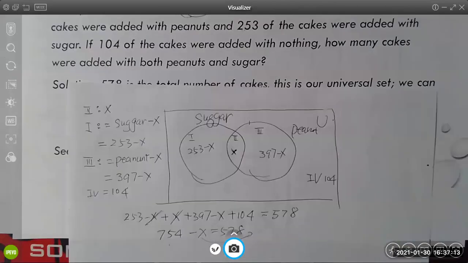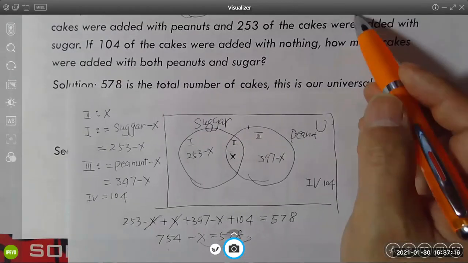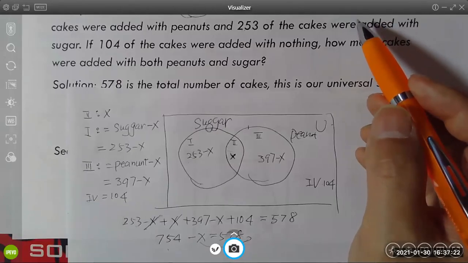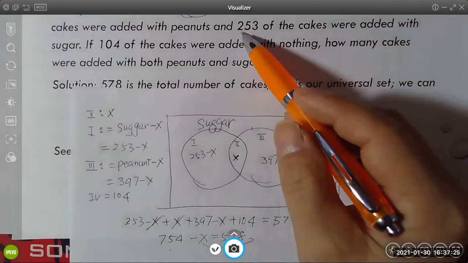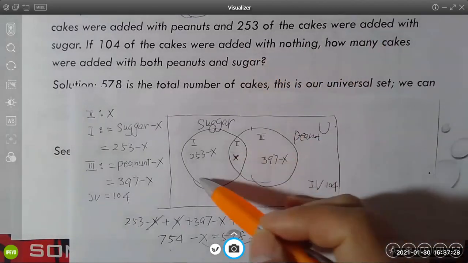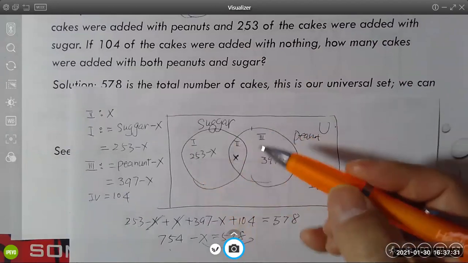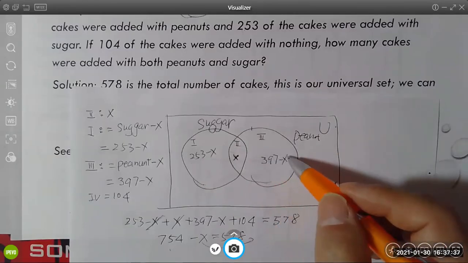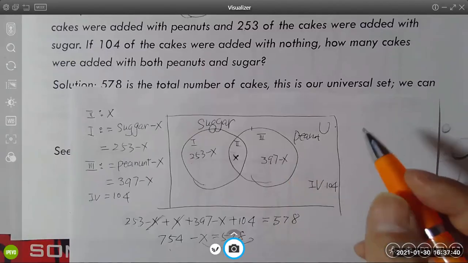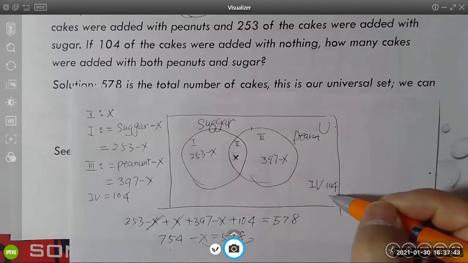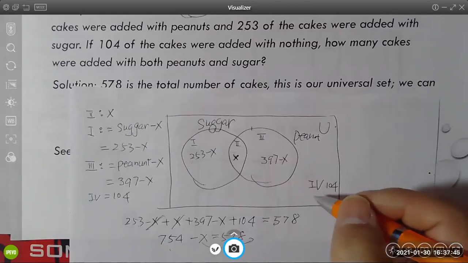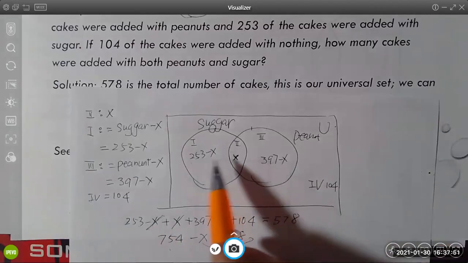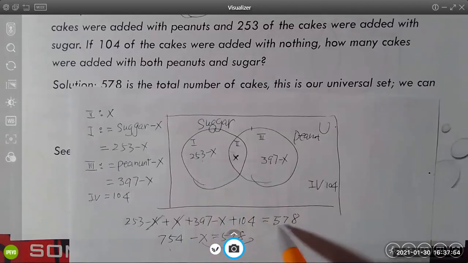I don't see anything wrong. Let me double check. 397 were added with peanuts, 253 were added with the sugar. So 253 minus X, that is this for sure. And 397 minus X, that's still right. And we have 578 for the whole thing, and 104 added nothing. Still right. Must be something really weird. We're supposed to add these four numbers together to be equal to 578.